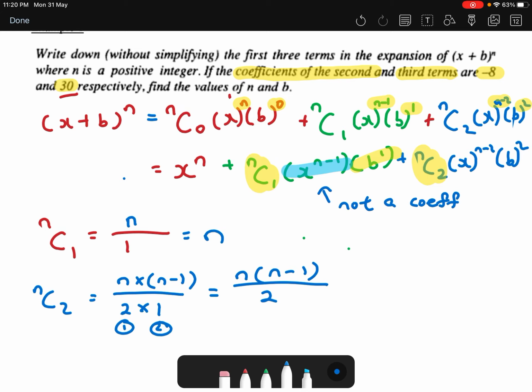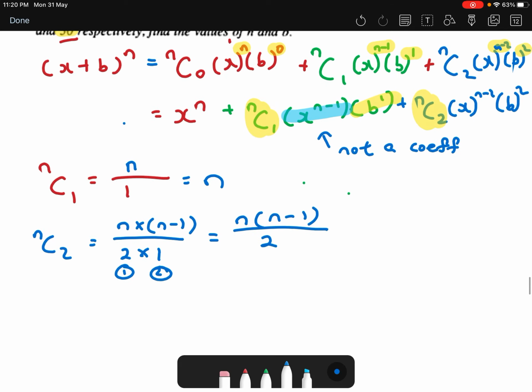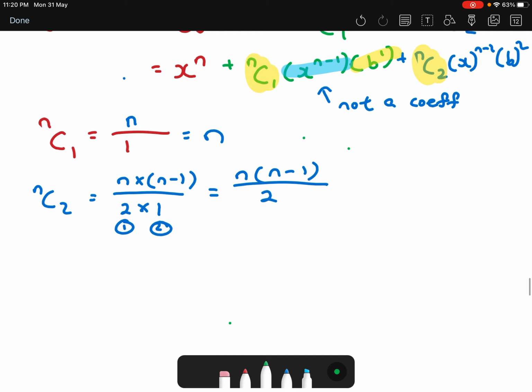So we simply use n choose 1 multiplied by b equal to negative 8. So n over 1 multiplied by b equal to negative 8. So nb is equal to negative 8.